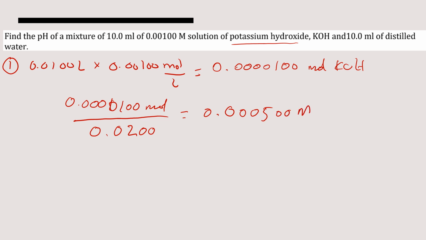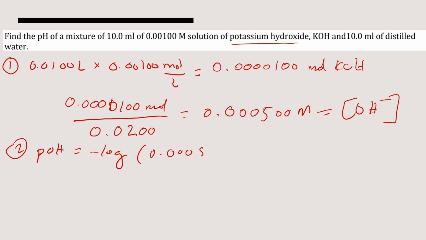So what we've got to do now is find the pOH. pOH equals the negative log of my hydroxide concentration, which equals, 0.000500, this equals 3.301.